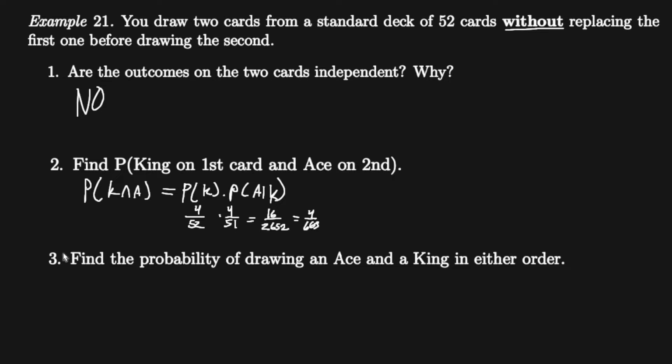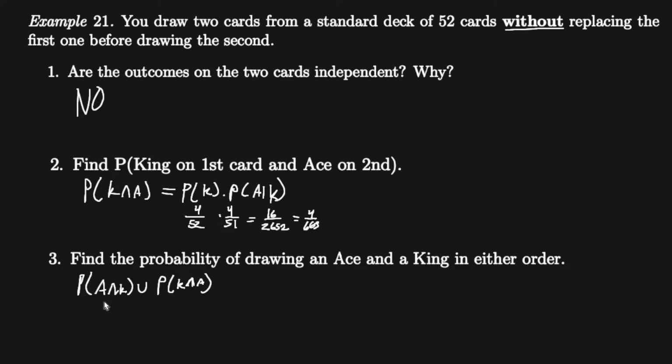Now we can move on to number 3. Find the probability of drawing an ace and a king in either order. So this is basically the probability of A and K union the probability of K and A. This is intersection. So this is pretty straightforward.